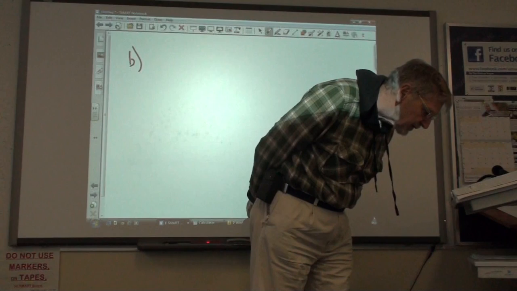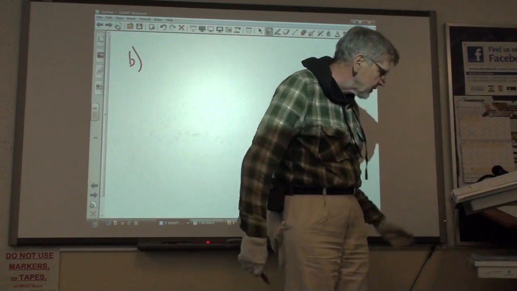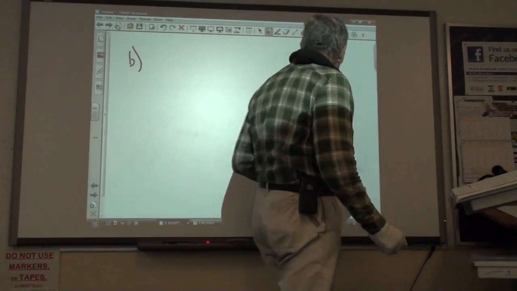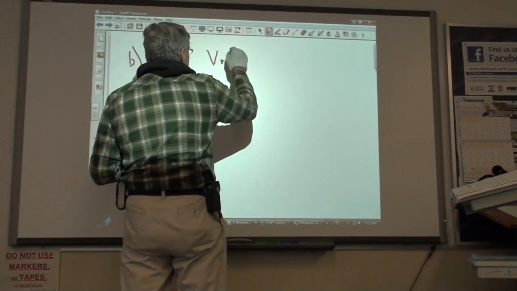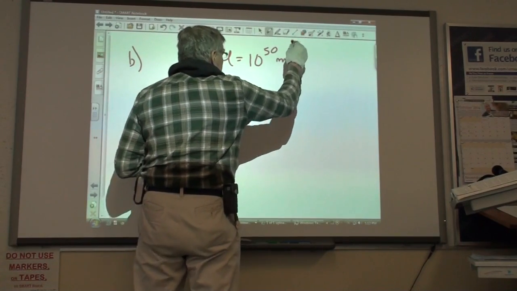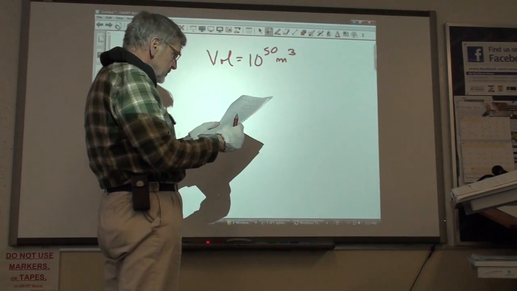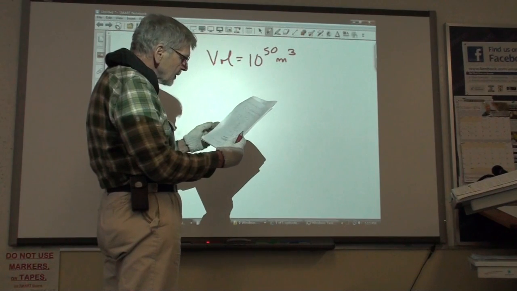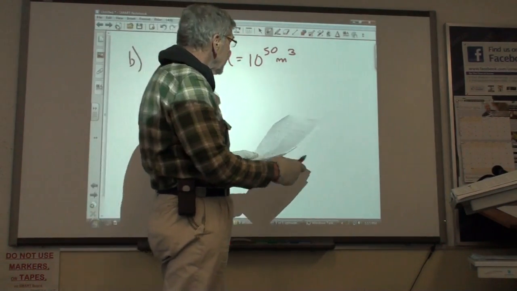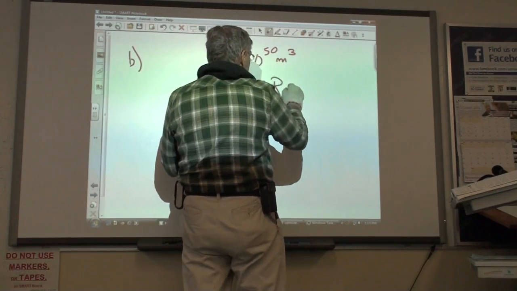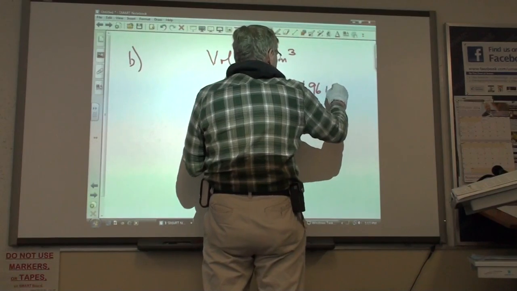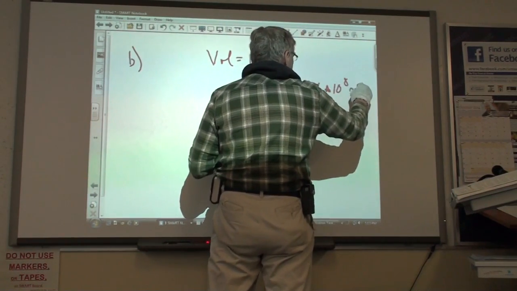What is the ratio of this volume to the present volume of the sun? Well, this volume is 10 to the 50 cubic meters. We've just decided that. And now let's find the present volume of the sun. Our sun has a radius, which again is found in the data table, of 6.96 times 10 to the 8th meters.